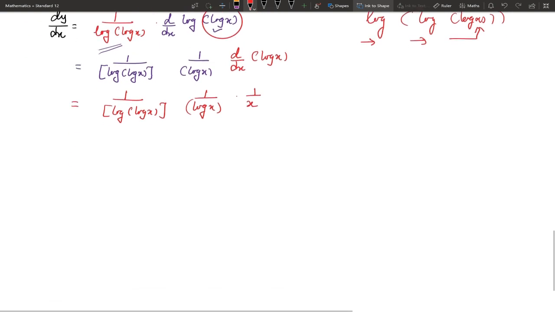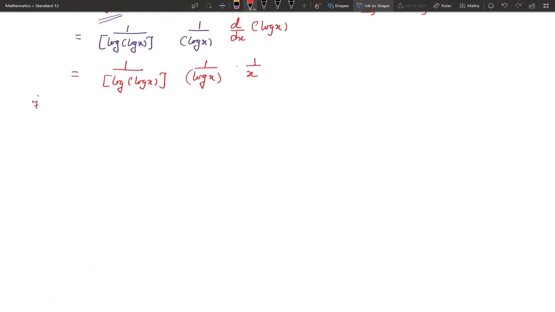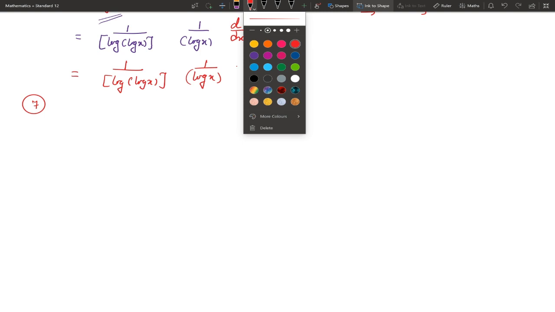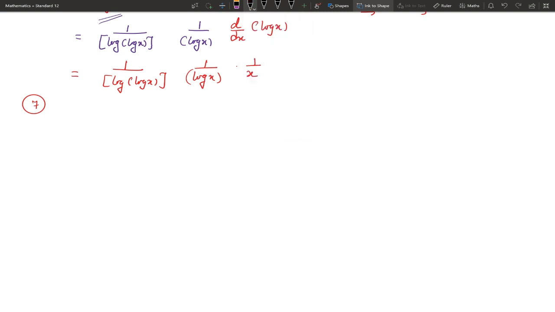Next example, y equal to 2 raised to 7x. So when we differentiate this thing, we use this formula, d by dx of a raised to x, it is a raised to x into log a.